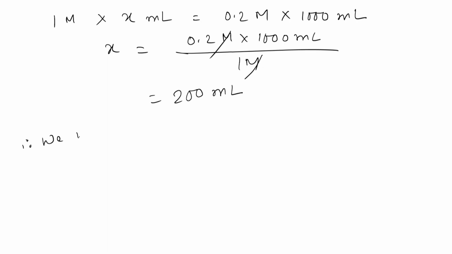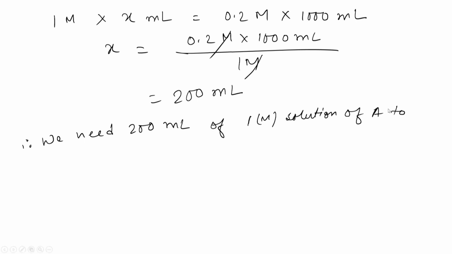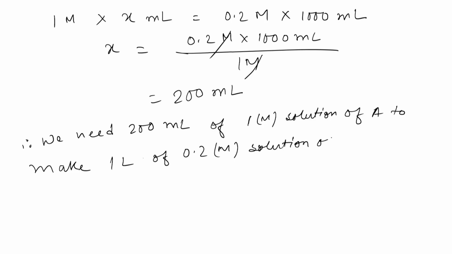Therefore, we need 200 ml of 1 molar solution of A to make 1 liter of 0.2 molar solution of A.